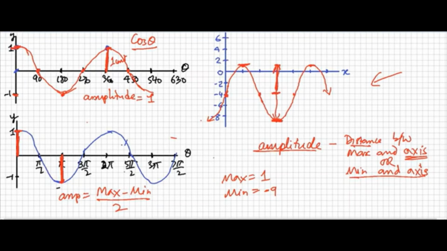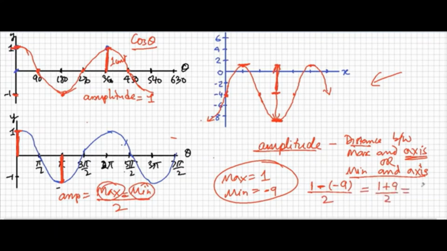So in this case, if I want to find the amplitude, it will be 1 minus -9, because maximum is 1, minimum is -9, and there's a minus in between. That's what I wrote, minus here, divided by 2. And that becomes 1 plus 9 divided by 2, and 5 units is the amplitude of this particular graph. Let's see. This is the average, right?